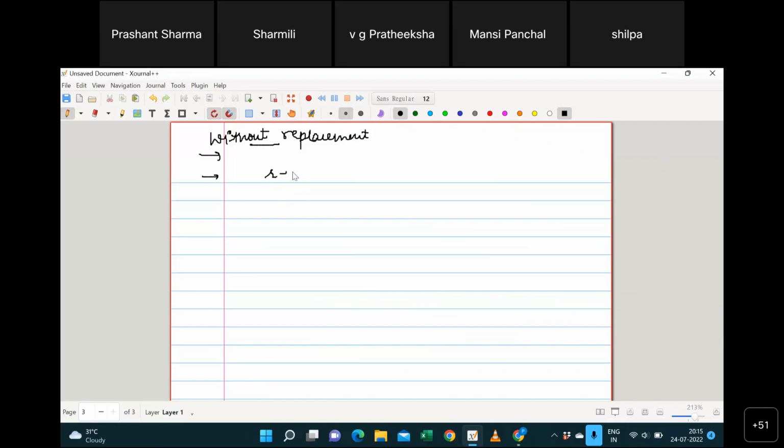Suppose you have r places, and you have total n things, then it is n factorial upon n minus r factorial. Just tell me, suppose you have r places. For the first place, in how many ways can I do it? I can put any of the n objects, and for the second, I can put any of the n minus 1. For the third, any of the n minus 2, and so on. For the rth place, I can put any of the remaining. Is this clear?